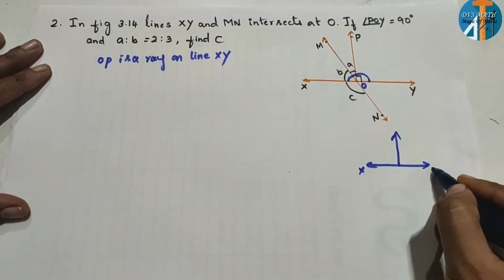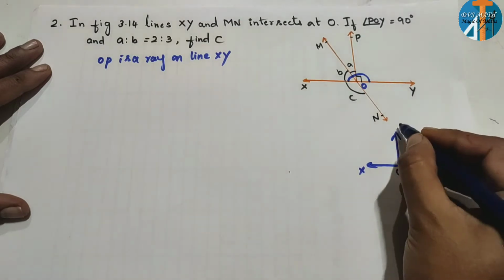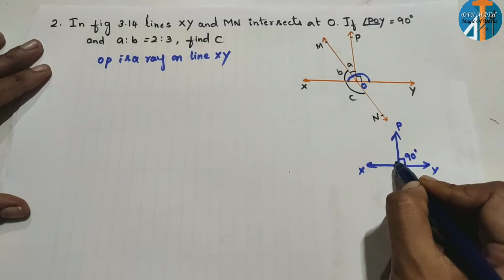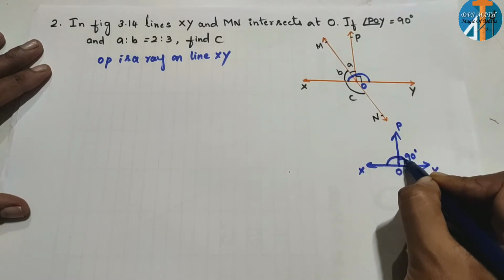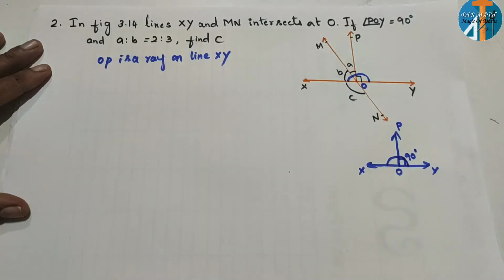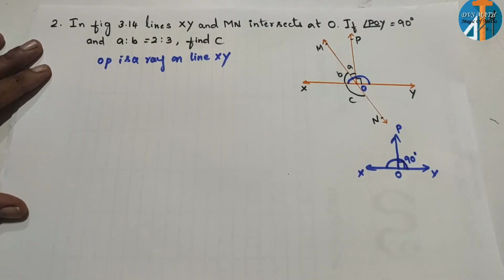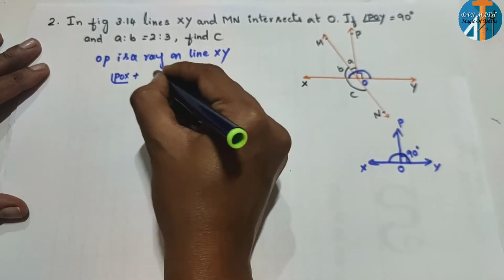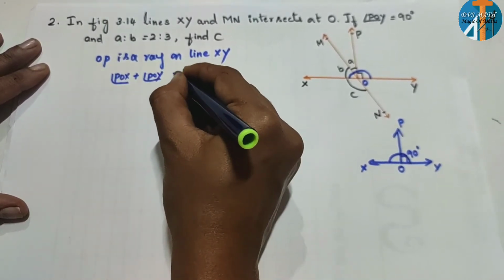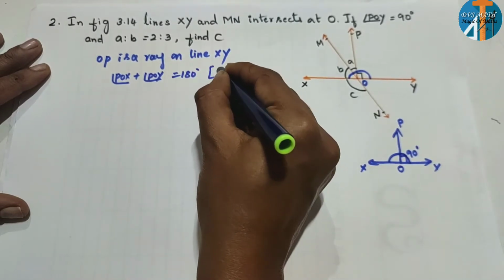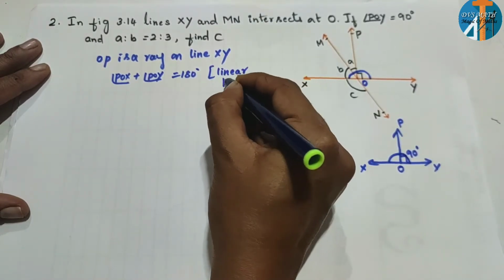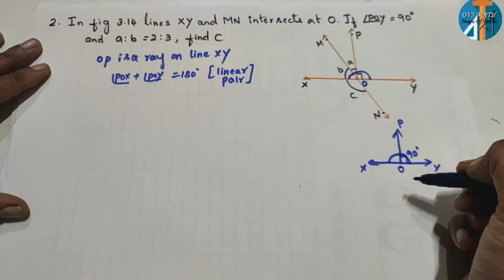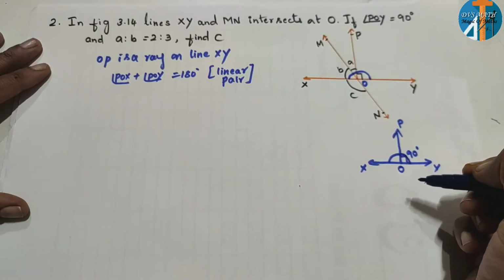So this is X, this is Y, this is O and this is P. If it is 90 degrees, definitely this is also 90 degrees because the sum of these two angles is equal to 180 degrees, linear pair. Here we are using linear pair. That means here we can write angle POX plus angle POY is equal to 180 degrees because of linear pair. Linear pair means you have a common arm and the sum of two angles will be 180 degrees. That is the definition, right?